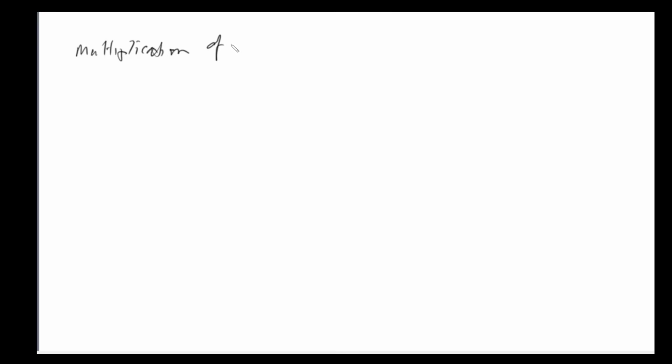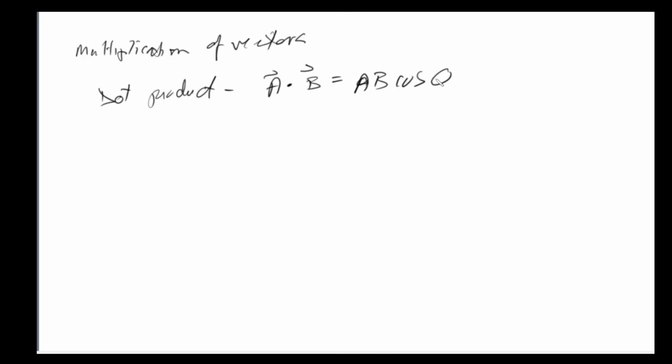So the multiplication of vectors, the first one is the dot product. And that's where we have vector A dot vector B. And the magnitude of that would become AB times cosine theta, where you have vector A, vector B, and this is theta.